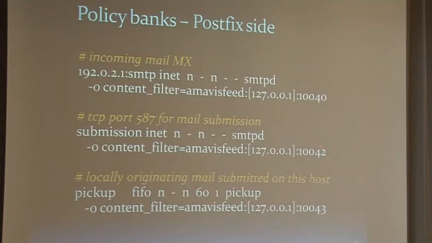So there can be a policy bank waiting there and apply originating or whatever rules you want. And you will know that mail coming to this TCP port number is the one that postfix got on its submission port.